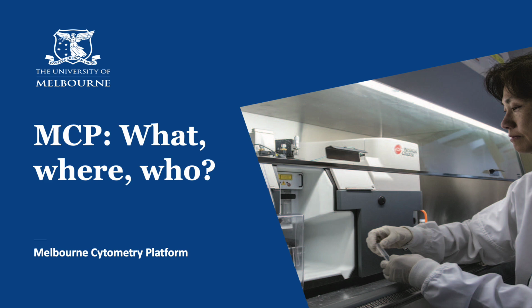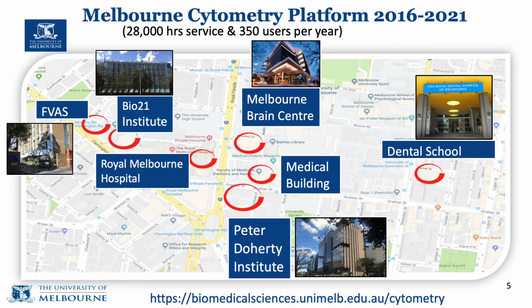So as a bit of introduction into the cytometry platform, I prepared a series of slides showing you where we are, what we do, how you can reach us. The Melbourne Cytometry Platform is one of the largest equipment-based platforms at the University of Melbourne. There are several nodes for the platform.